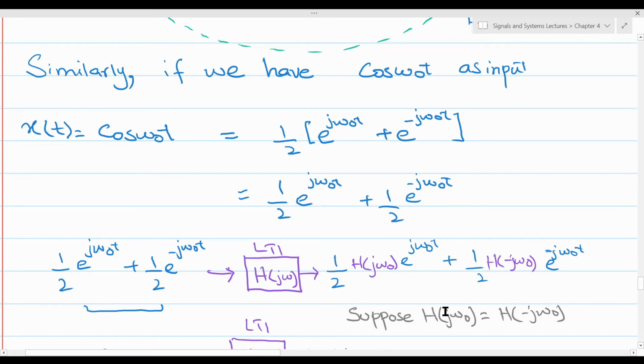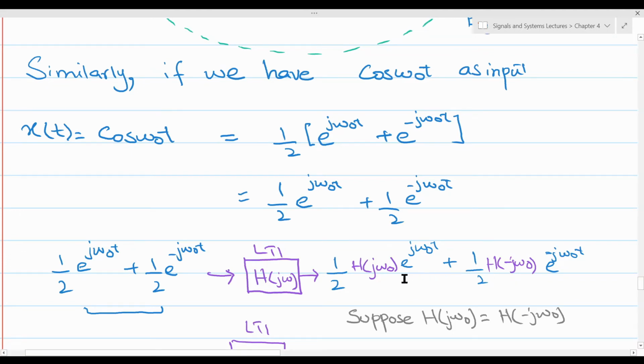That means H of j omega naught will be equal to H of minus j omega naught. This assumption is valid for a large class of real LTI systems. But we will not go into much detail about when the response is symmetric and when it is not symmetric.